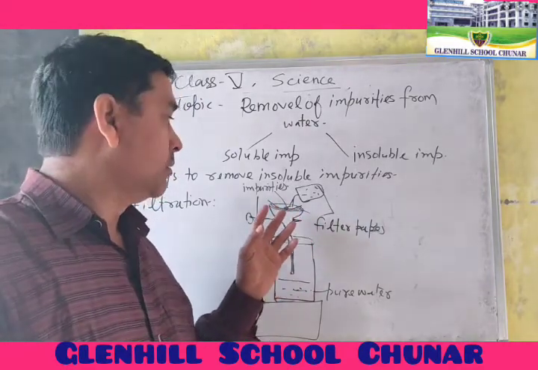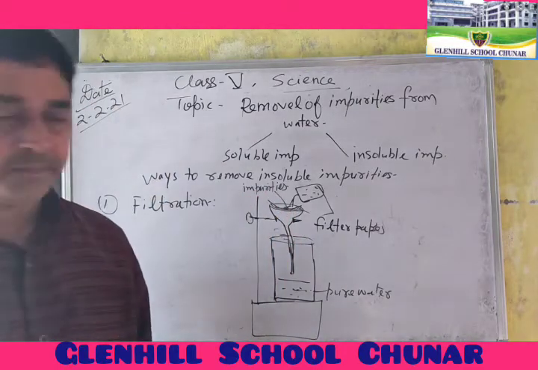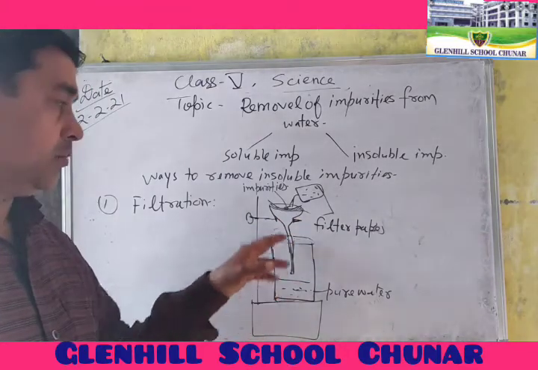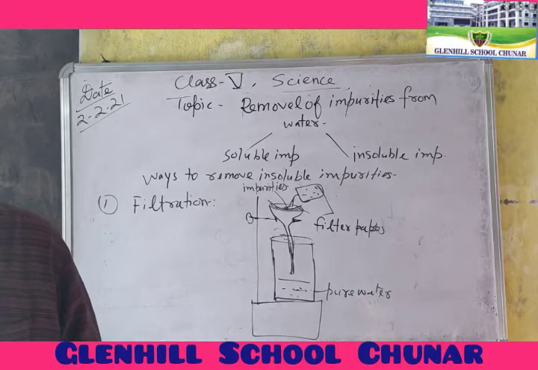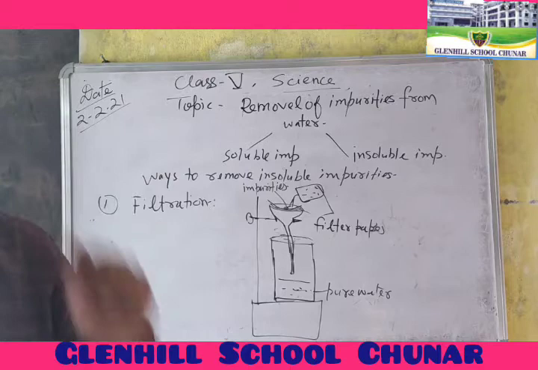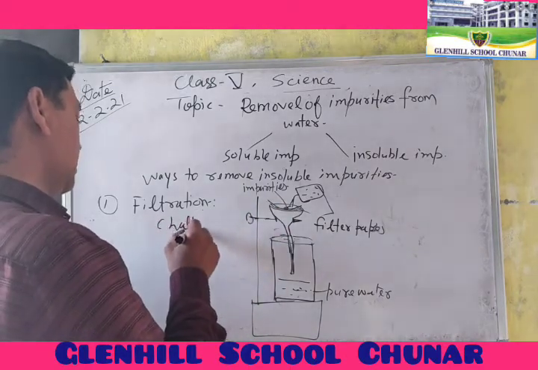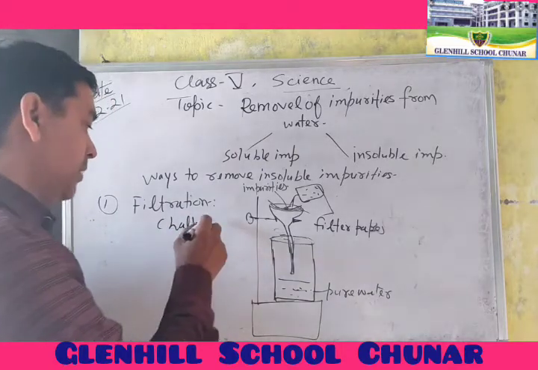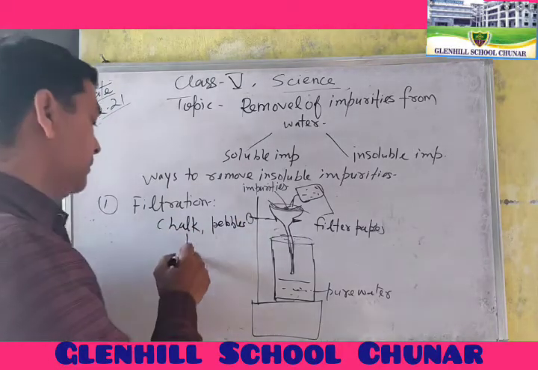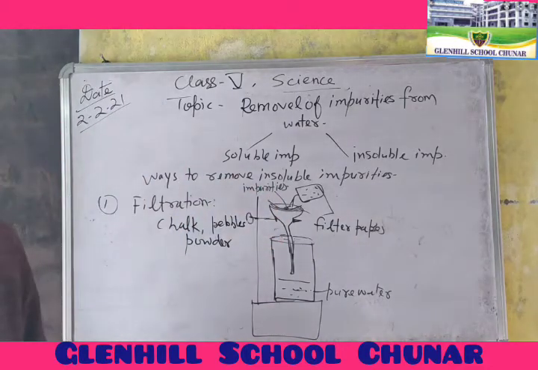This is the method of filtration. The beaker is set below the funnel, and the mixture of insoluble impurities like sand, chalk, and small pebbles is poured into the funnel. It is filtered by the filter paper.